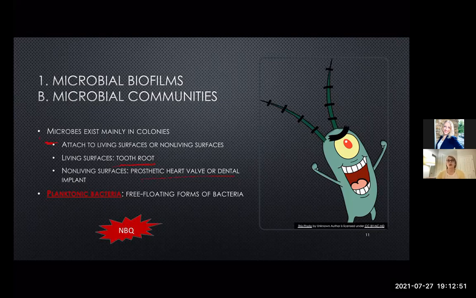So we have to be aware of what our patient is being exposed to when they are getting implants or other surgeries. Now, planktonic, this just means they're free floating. So they can swim around in the saliva and in the oral cavity and go to wherever they want to cause disease.